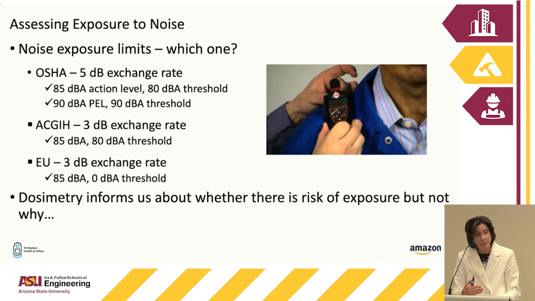But compliance with the OSHA standard, and alignment with the TLV, if indeed your organization chooses to use the TLVs instead of the OSHA PELs for noise, and they're different, is for that 8-hour time-weighted average. Certainly important to determine the workers that are at risk for noise-induced hearing loss, but it's not going to help you to identify where the noise is coming from and how you are going to mitigate that.